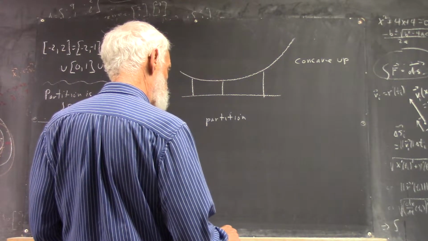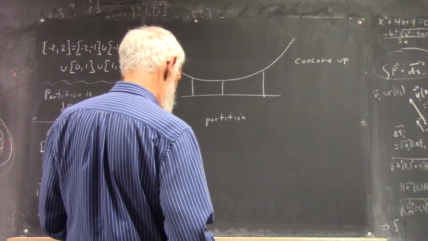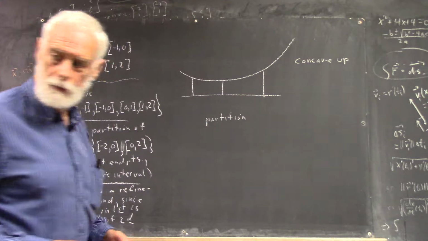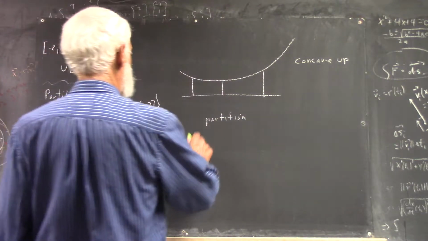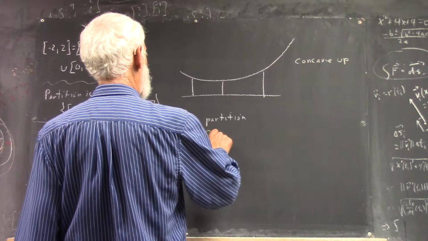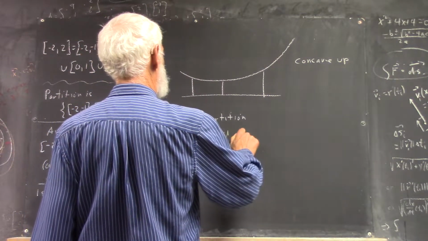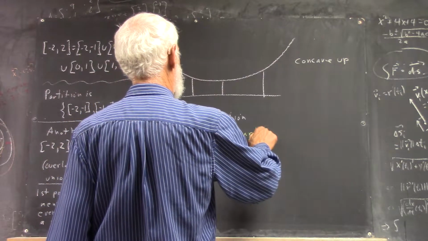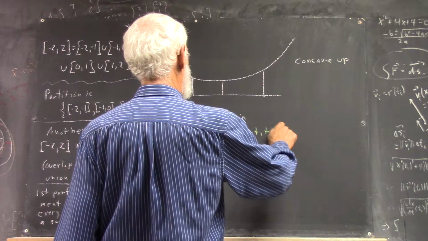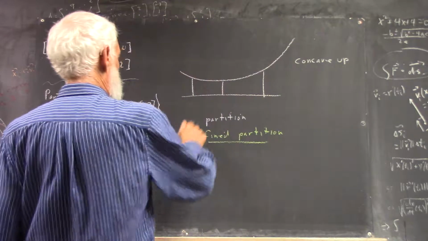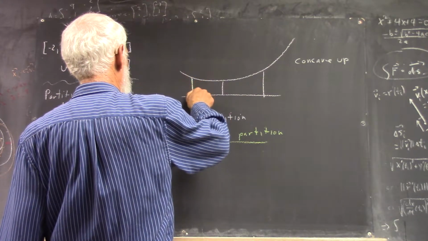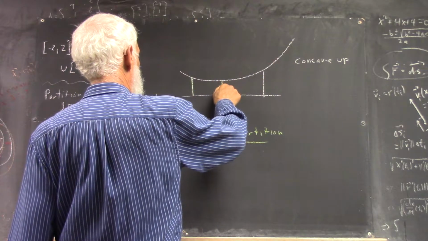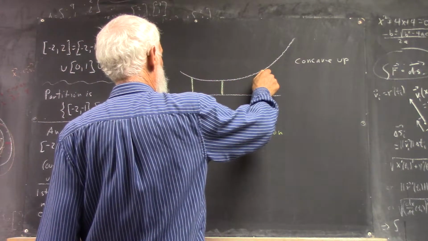Now we're going to do a refined partition. If I can find a color of chalk, you wanted green before. So for the refined partition, I'm going to draw a line that's not directly over this one, so we can still see the original partition.